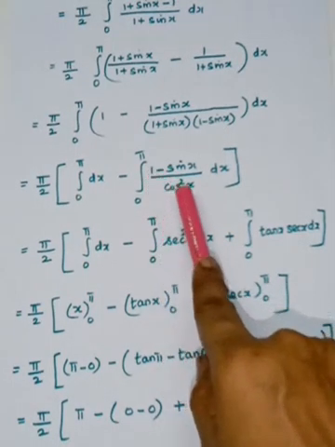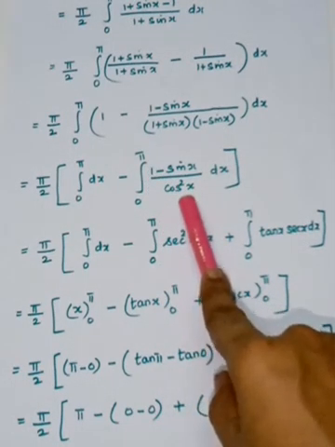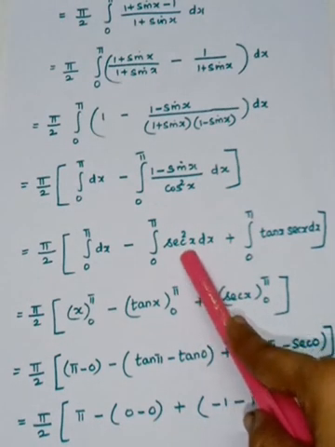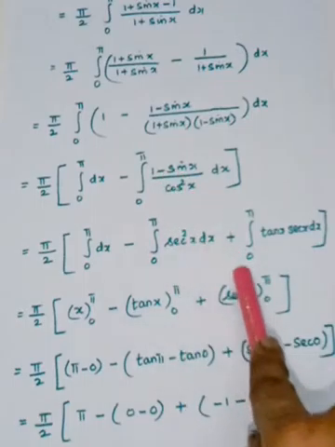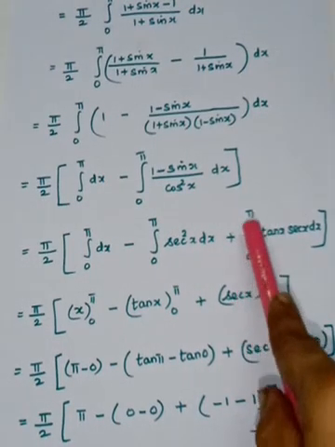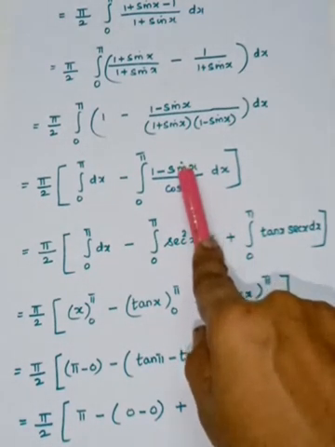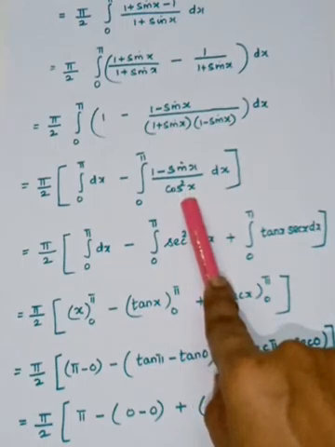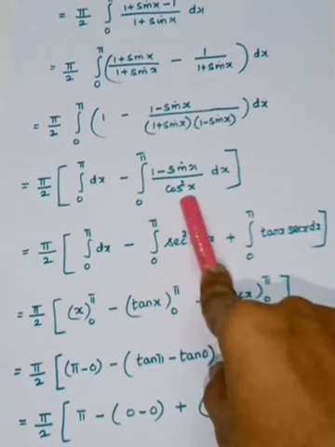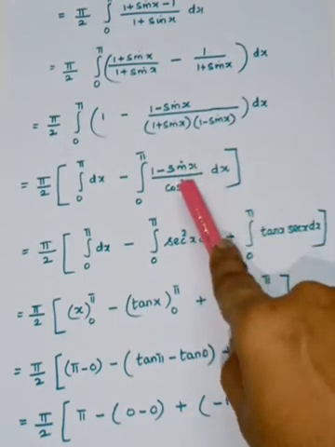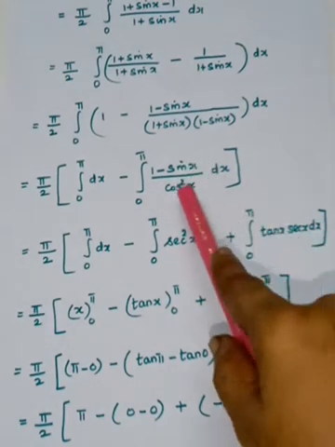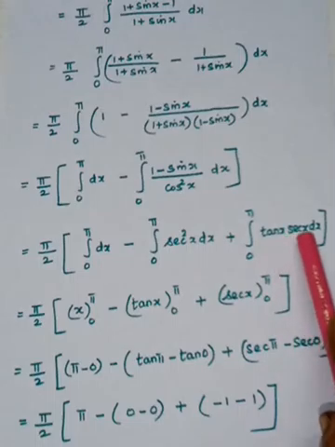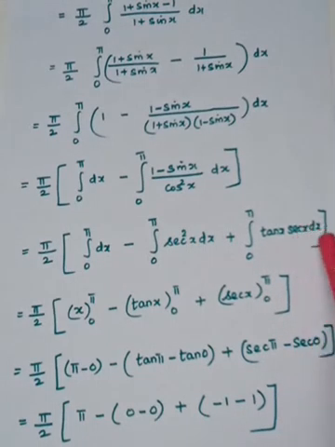Split again: 1 by cos squared x is the reciprocal of cos, that is secant squared x dx. And why is it written plus? Minus into minus is plus. Integral 0 to pi, here you are having sin x by cos squared x. Cos squared x is split as cos x into cos x, so sin x by cos x into 1 by cos x. Sin x by cos x is tan x, into 1 by cos x is secant x dx.